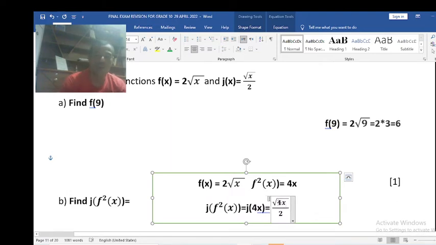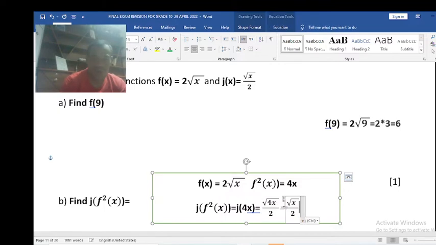Then the square root of 4 is 2. 2 divided by 2 gives us only the square root of x.